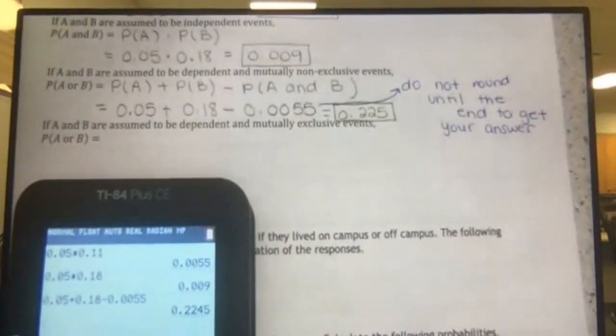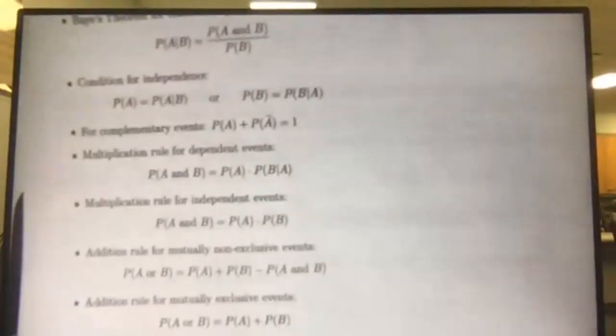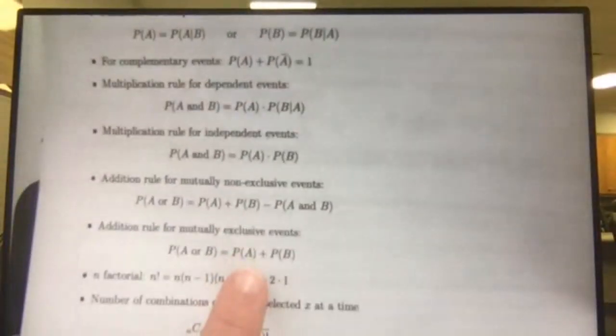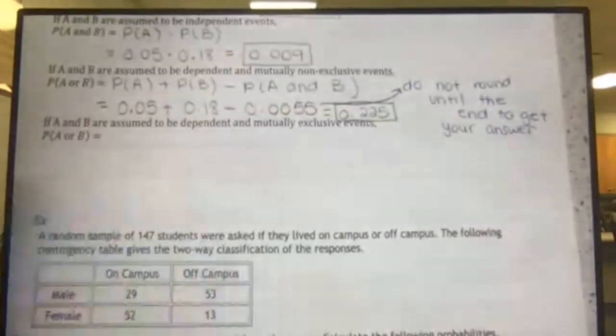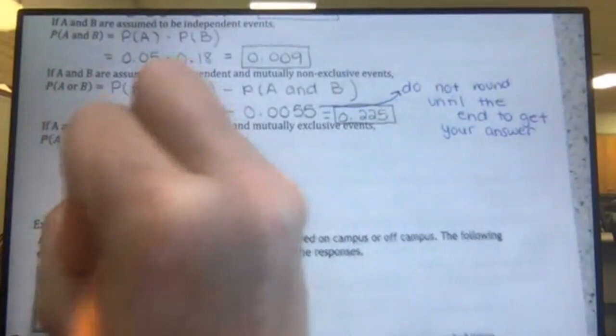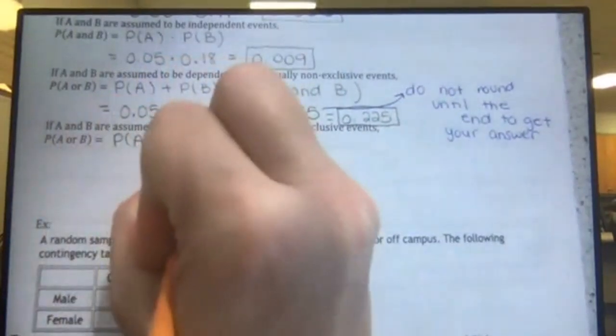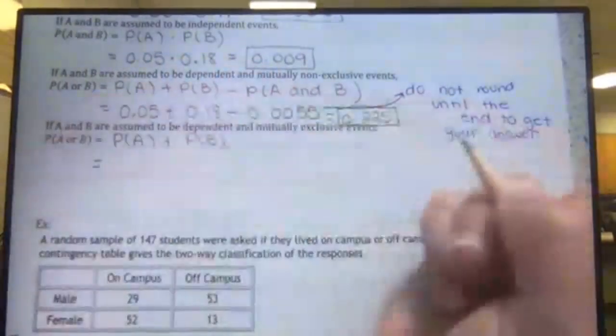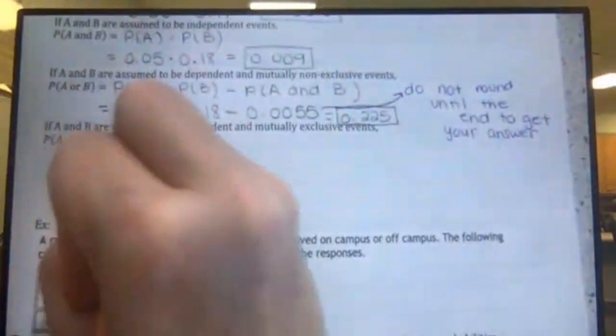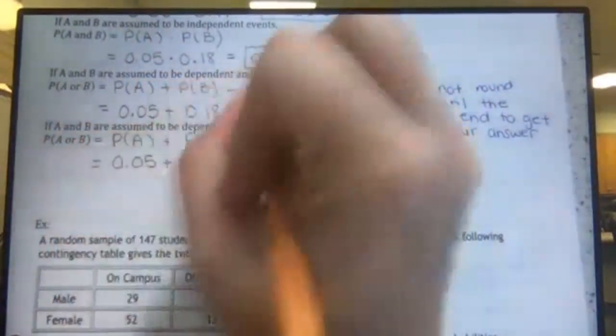Last one. If A and B are assumed to be dependent and mutually exclusive, so A or B, mutually exclusive. So that just means probability of A plus probability of B. A, we said, was 0.05 plus B was 0.18.